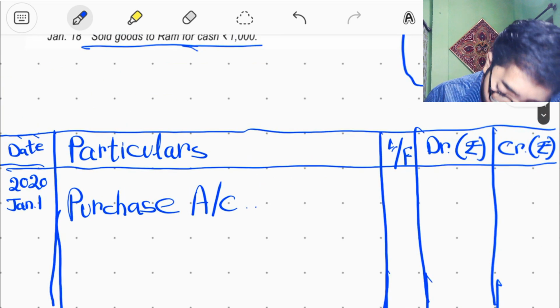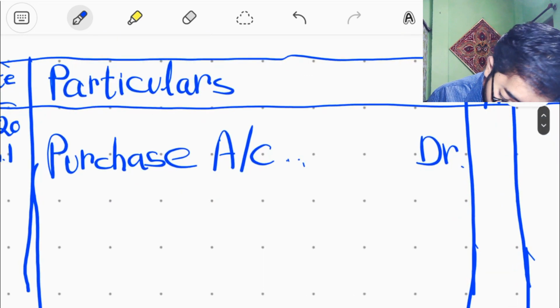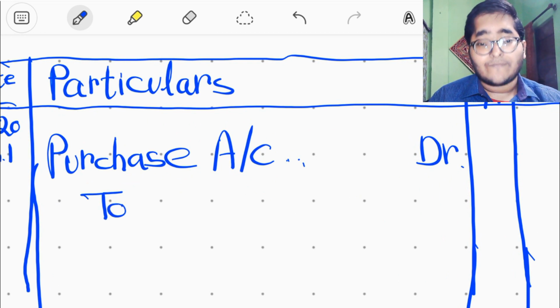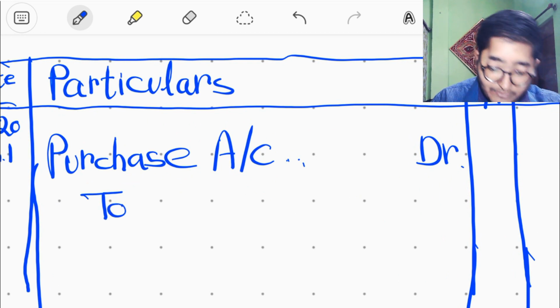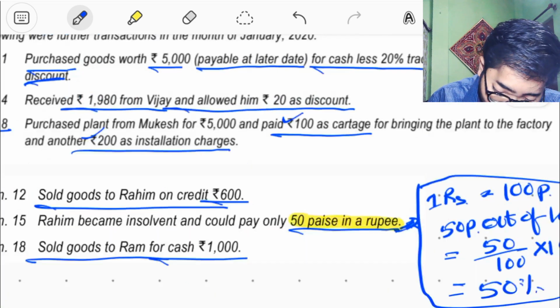Purchase account debit to cash. It is payable on a later date, but cash discount is given.